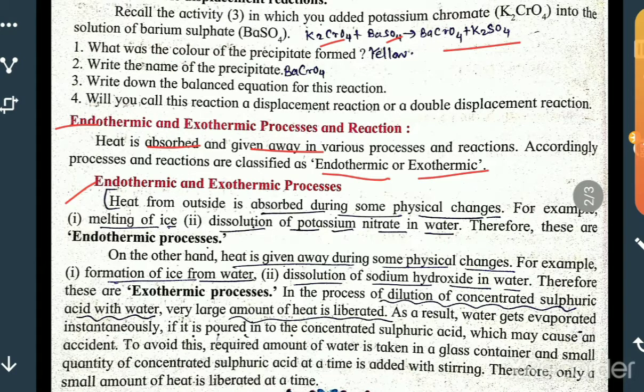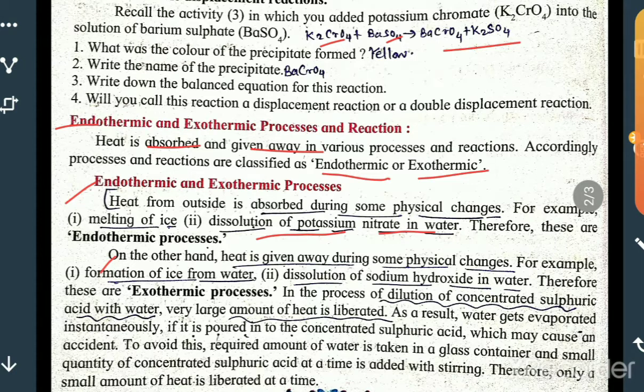In melting of ice we need heat, meaning heat is absorbed. This type of process in which heat is absorbed is called an endothermic process. Also in the second example, dissolution of potassium nitrate in water, it also needs some heat.